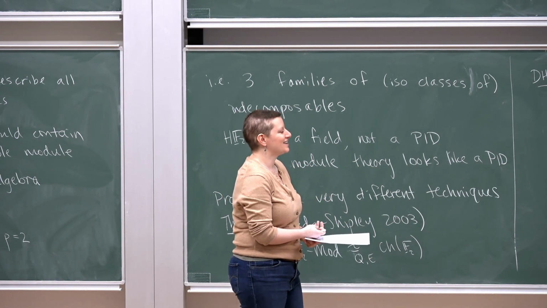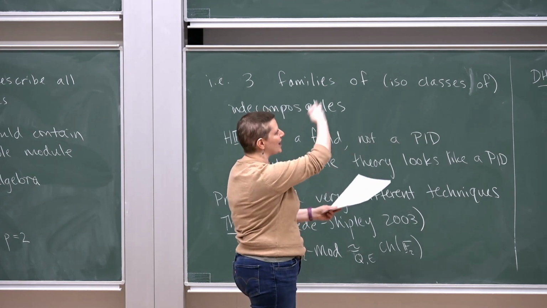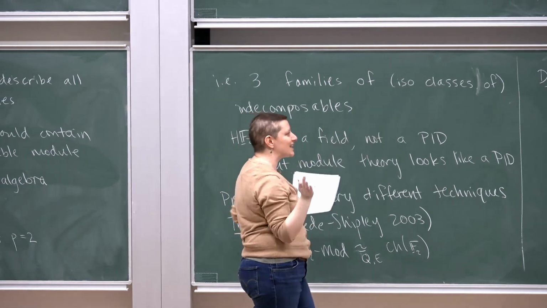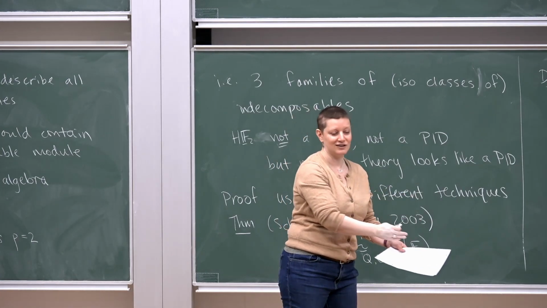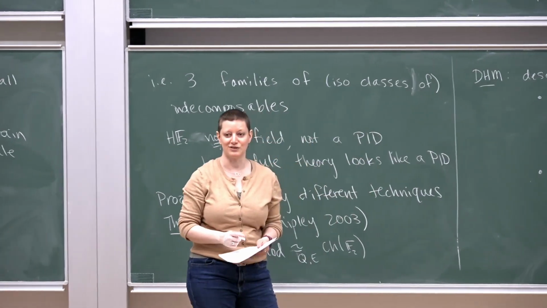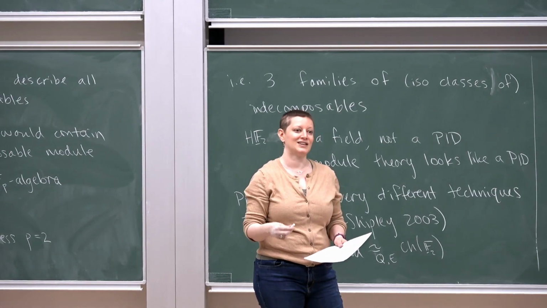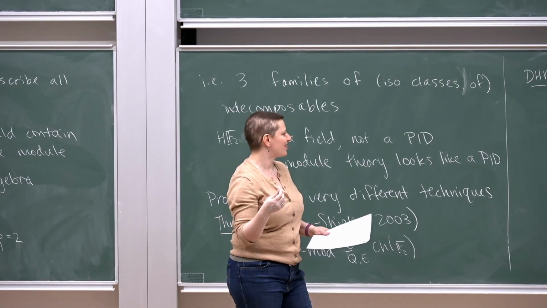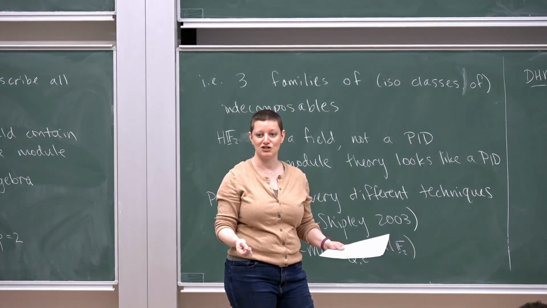And so it could be that this wildness that we see in this derived wild setting, when you take their cohomologies, they all collapse. And what I'm saying is that no, in fact, at least if the prime is greater than or equal to 7, they don't collapse. You get enough families of indecomposables that you cannot possibly hope to describe this.